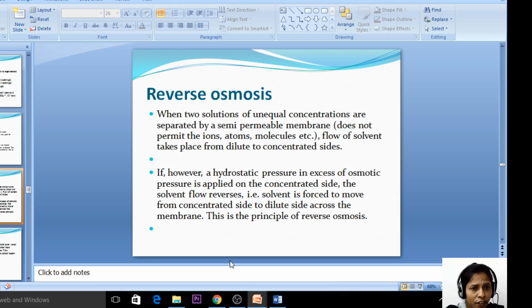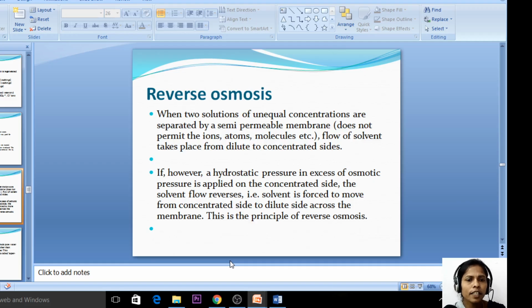That means it is the reverse process of osmosis. And here osmosis process is the spontaneous process and the natural process which is occurring naturally. But whereas the reverse osmosis process is not the natural process, it is the non-spontaneous process and the artificial process. Here non-spontaneous process is nothing but the process which is done by applying force by the human being. That is the non-spontaneous process or the artificial process.